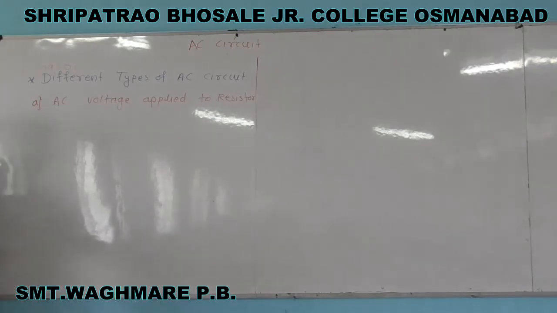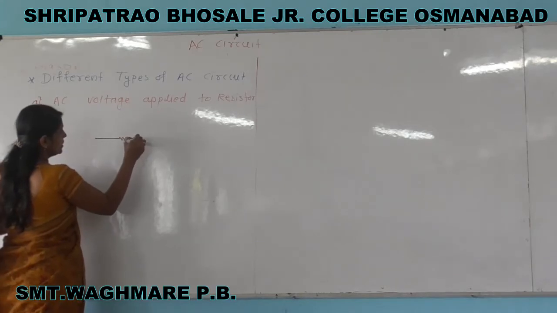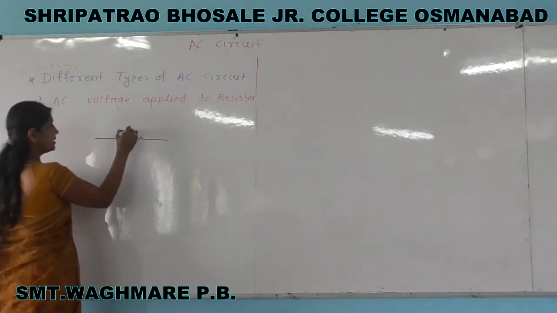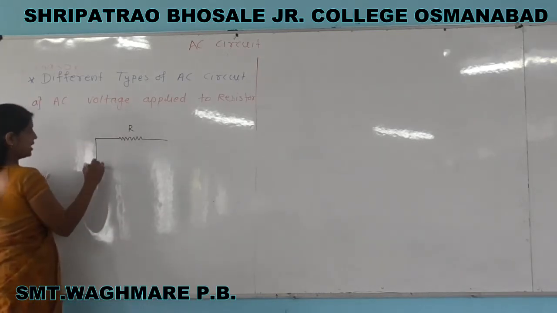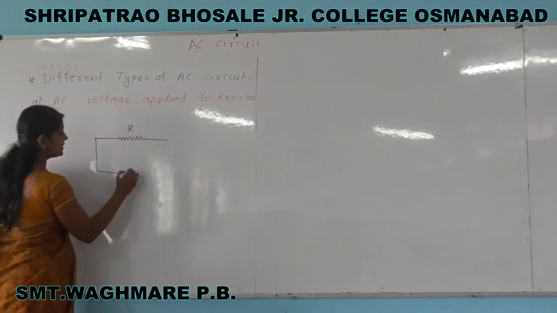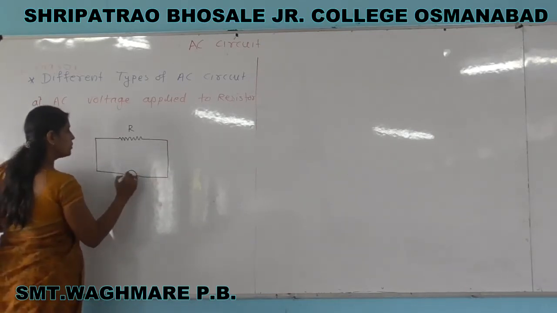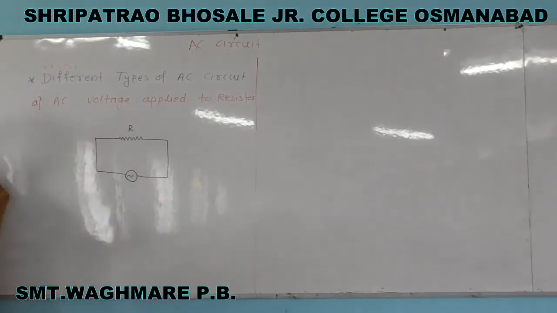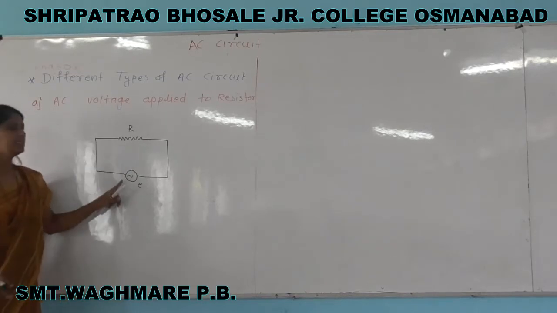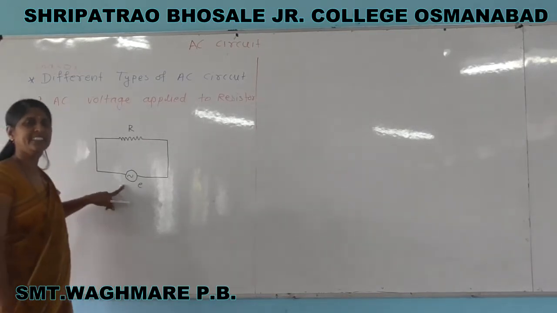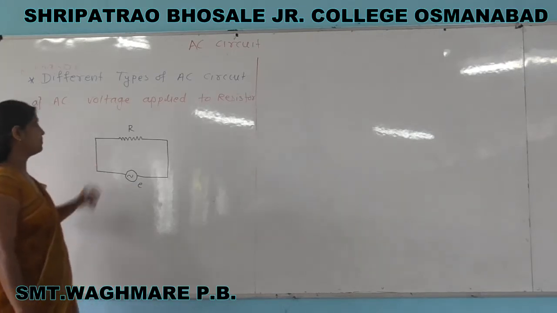Now take a resistor. This is the resistor. R is the resistance of this resistor, and the AC supply is given to this resistor. This is the symbol of the AC supply. E is the EMF of this AC supply.